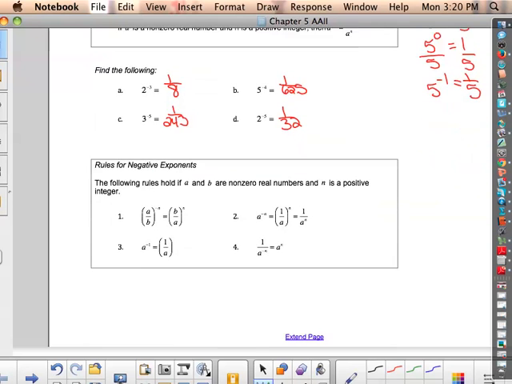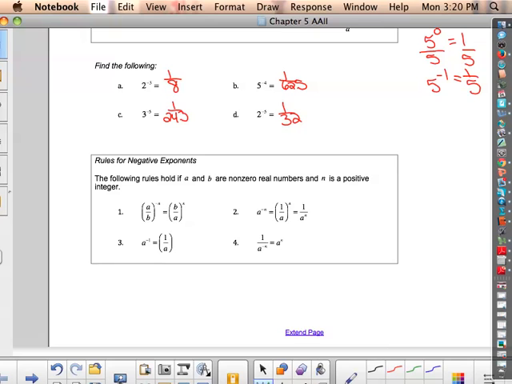Rules for negative exponents. The following rules hold if a and b are non-zero real numbers and n is a positive integer. When we look at that idea of a over b to the negative n, if we did all the algebra, I have a to the negative n over b to the negative n, which becomes 1 over a, 1 over b.